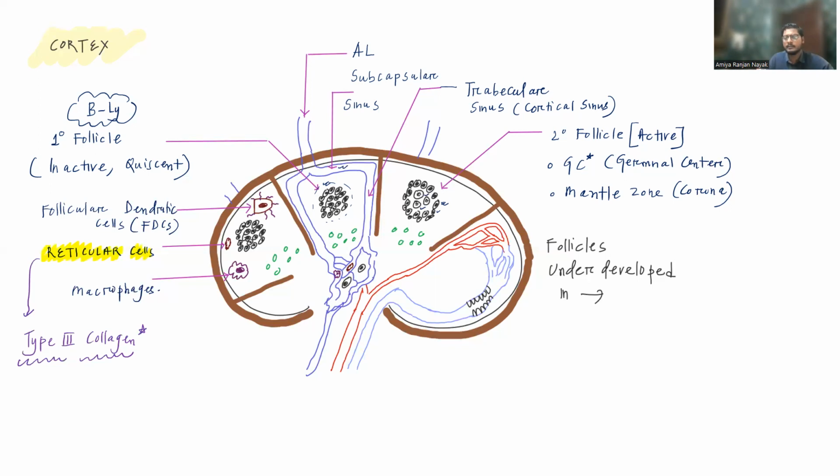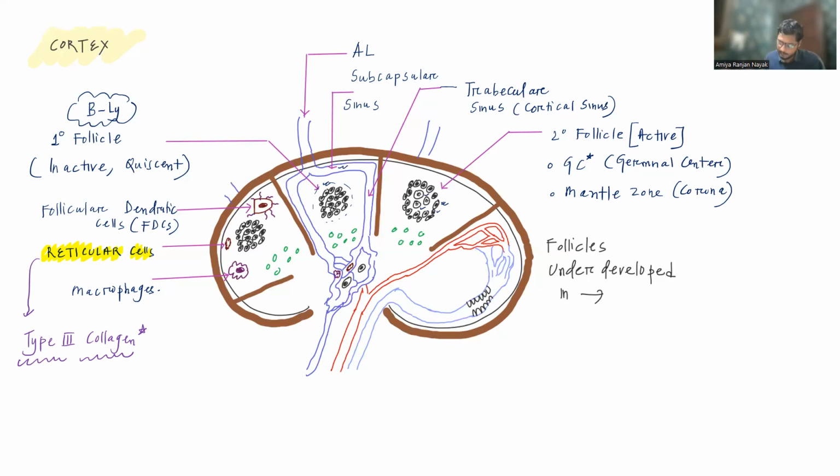Any condition that will lead to a decrease in B lymphocyte production, especially the congenital immunodeficiency syndromes where the B lymphocyte production is reduced. In those cases, you will not find follicles in the lymph nodes.